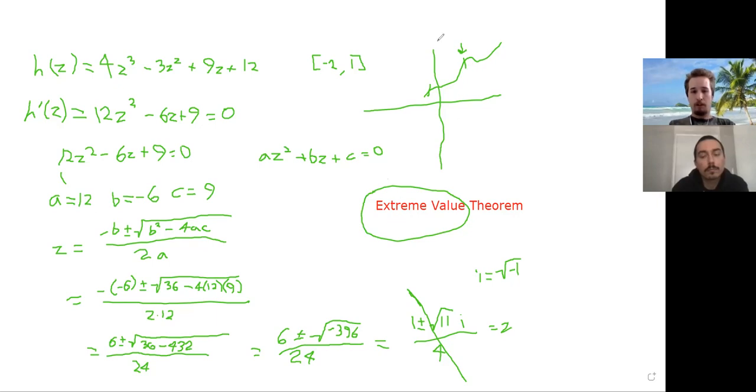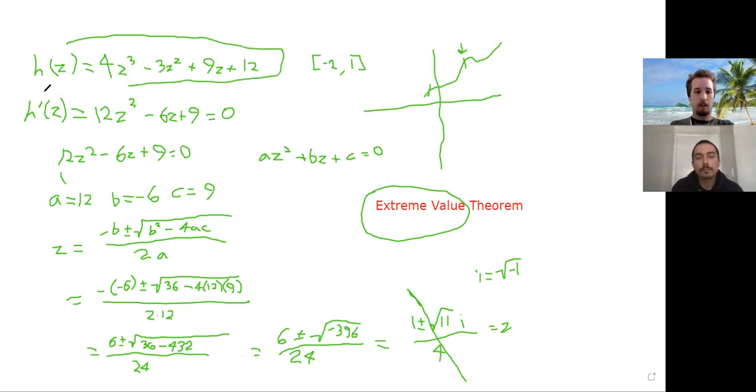So now we're going to find h of negative 2 and h of 1 of the original function. We're going to plug in h of negative 2 and h of 1.